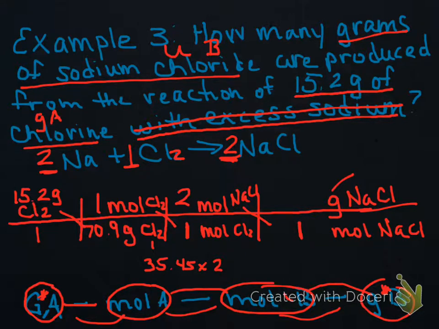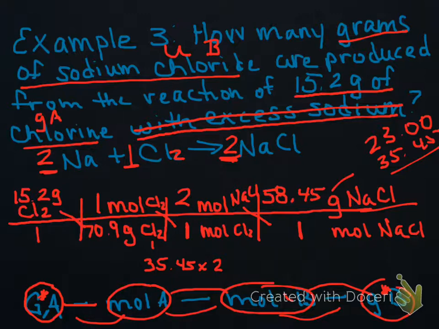So I've got sodium is 23, chlorine is 35.45, and then we get 58.45 grams.